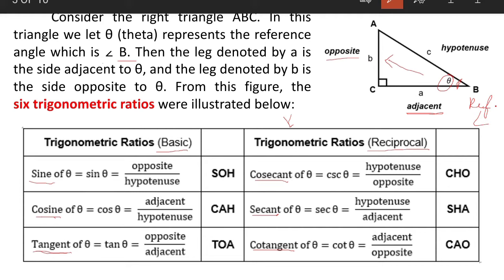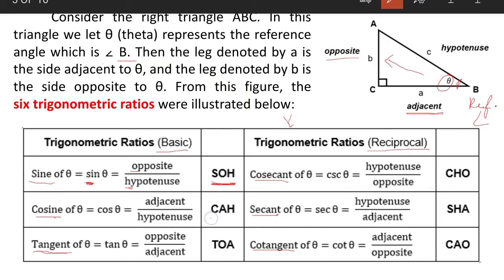So, eto pala by the way is the acronym, yung SOH. So, saan galing itong SOH? S stands for sine, O stands for opposite, and then H stands for hypotenuse. So SOH means sine theta is equal to opposite over hypotenuse.